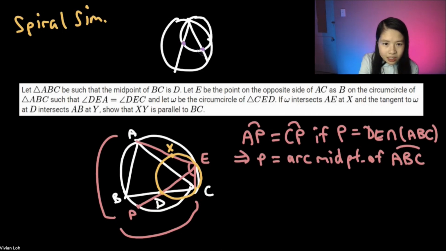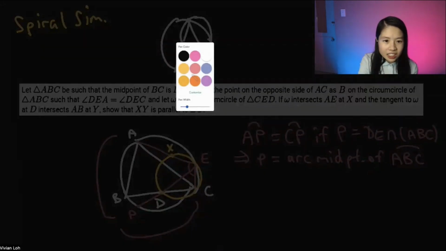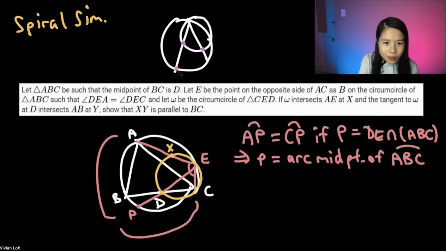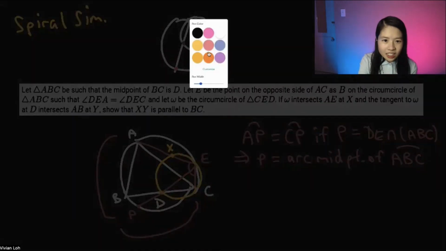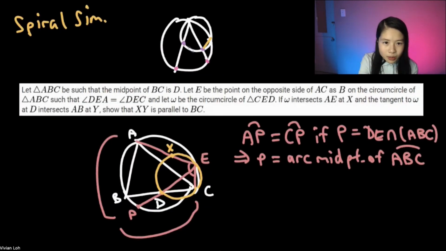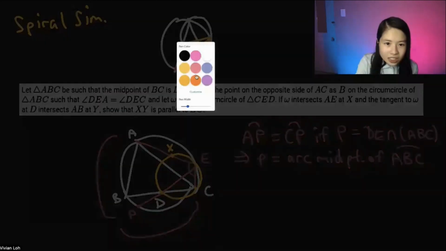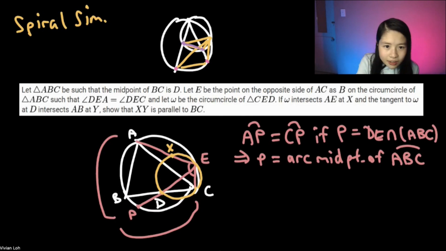So we have these two purple points here and these two pink points here. Then the triangle formed by the second intersection point and the purple points is similar to the triangle formed by the second intersection point and the pink points. So basically, I'm going to draw it more clearly. The purple triangle is similar to the pink triangle.